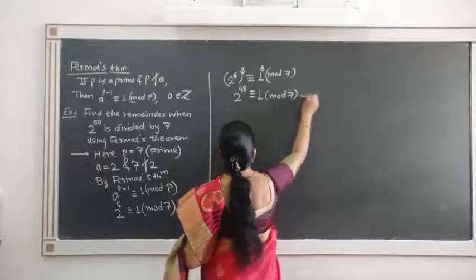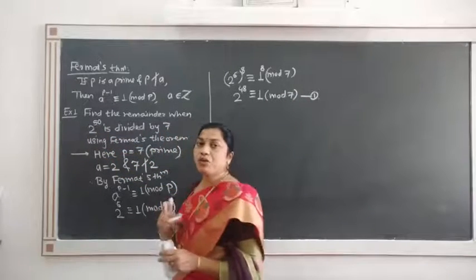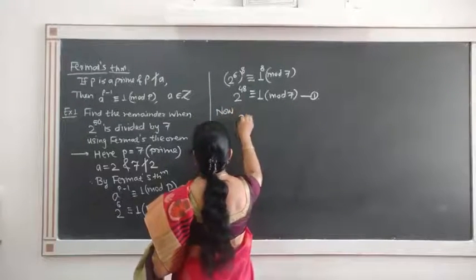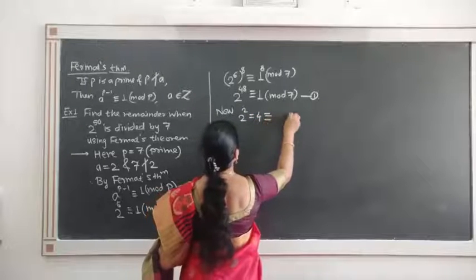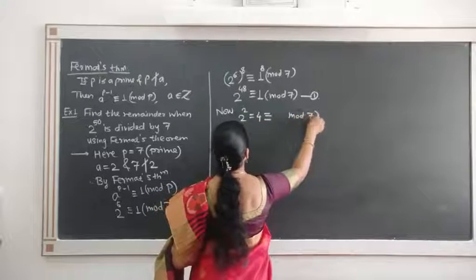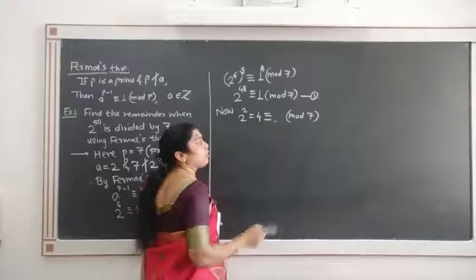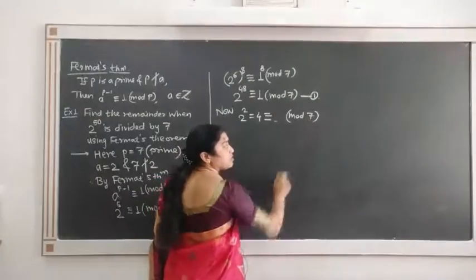We know 2 raised to 48. We want to go to 2 raised to 50. So we require 2 raised to 2 now. 2 raised to 2 is nothing but 4. And what is 4 congruent to modulo 7? This number is nothing but the remainder when 4 is divided by 7.